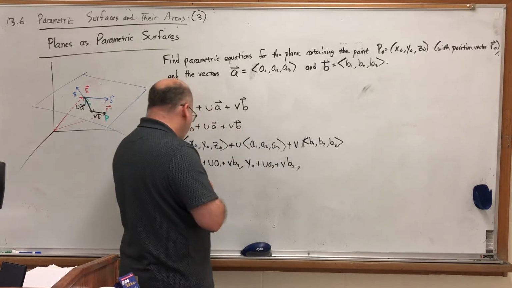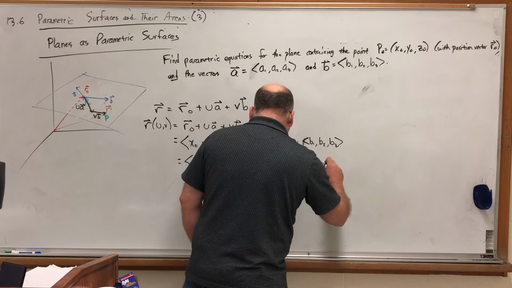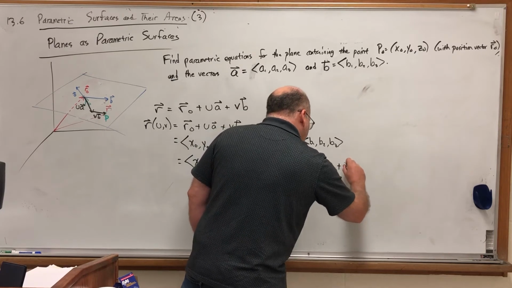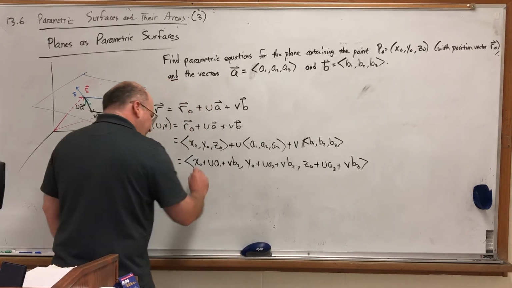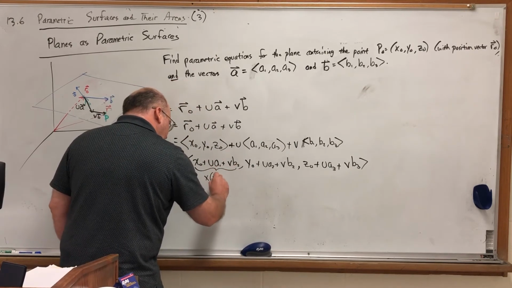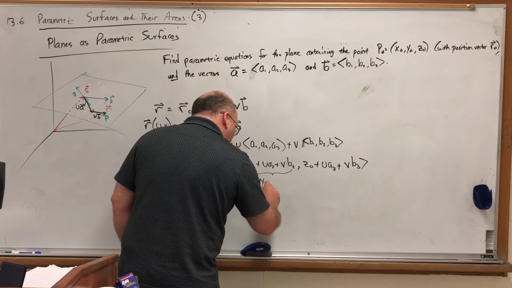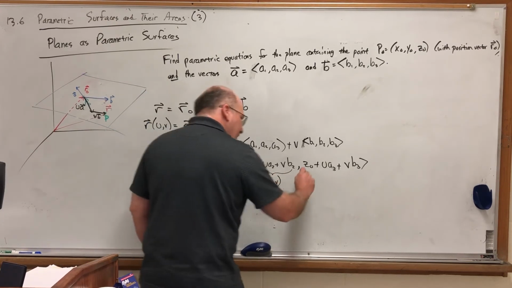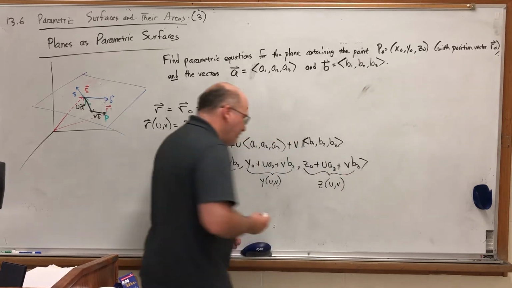And our third component, our z component, would be z naught plus U times A3 plus V times B3. So this is our x function in terms of U and V, this is our y function in terms of U and V, and this is our z function in terms of U and V.